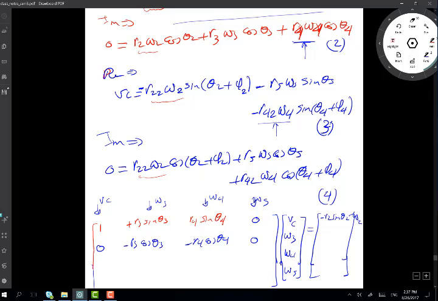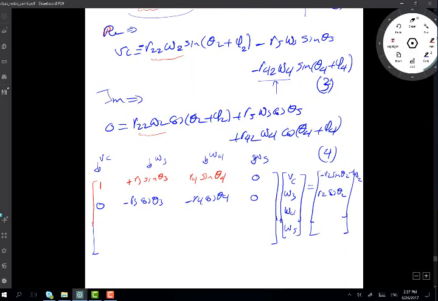On the other side, I have minus R2, so I decided to move those to the other side. So that's equation 2. Here I'll have R2 cosine theta 2 plus.